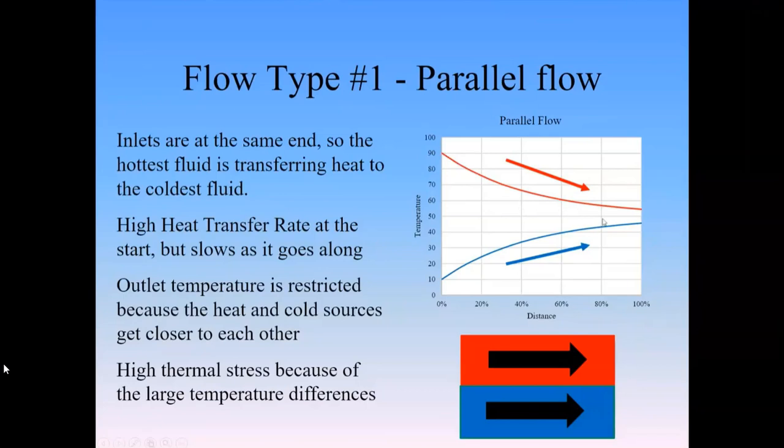So parallel flow heat exchangers have a large amount of heat exchange that happens at the very start, and then they get worse and worse the further that you go through the heat exchanger as those fluids get closer and closer in temperature. So parallel flow, they do a good job right away, and then they get worse and worse the larger the heat exchanger is.